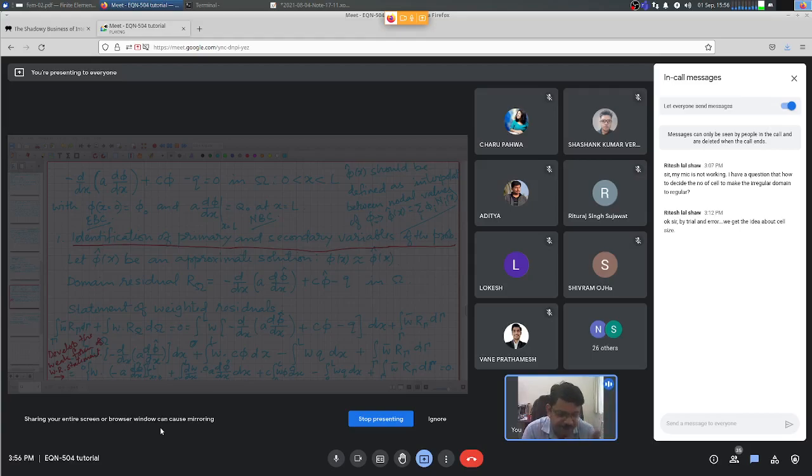In this particular case, the second order differential equation that we are dealing with, our life is much simpler, and we are only dealing with one primary variable, that is phi. So our approximation is going to be an interpolation model in terms of the primary variable. I will stop here, and if you have any questions, please feel free to ask.